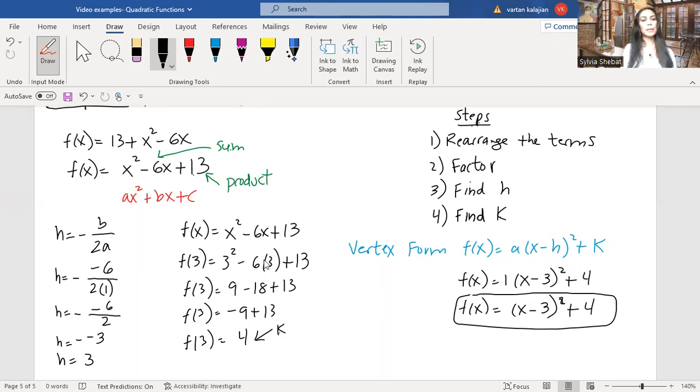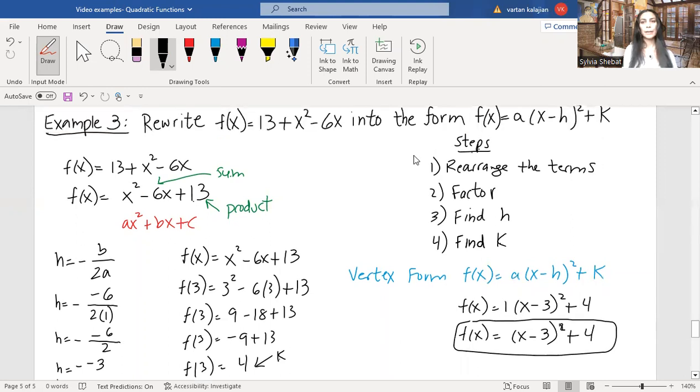So the method that I used here is to change from general form to vertex form of a quadratic function for a parabola. I used the method of, like I said, trying to factor it. That didn't work, and then I found the vertex, and then I just plugged the vertex into the vertex form.